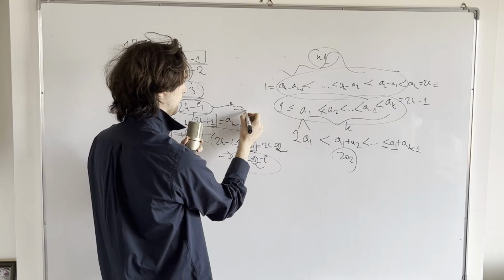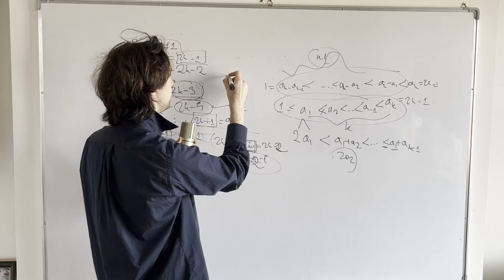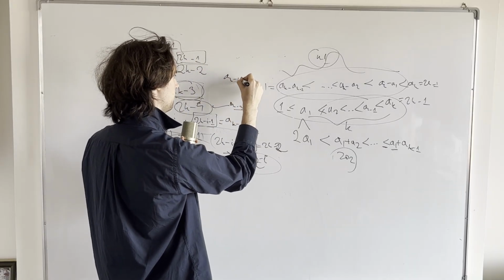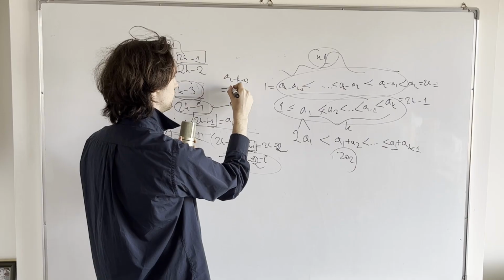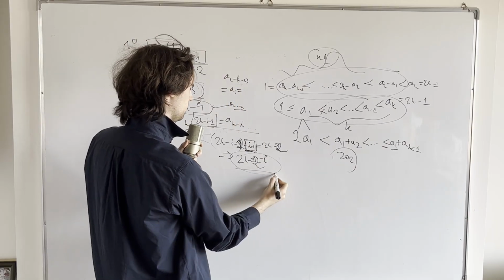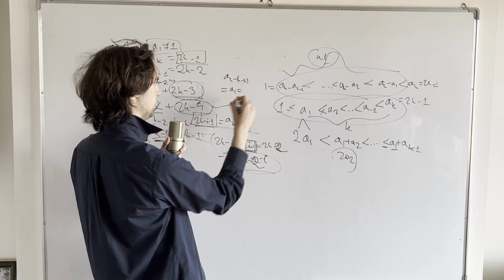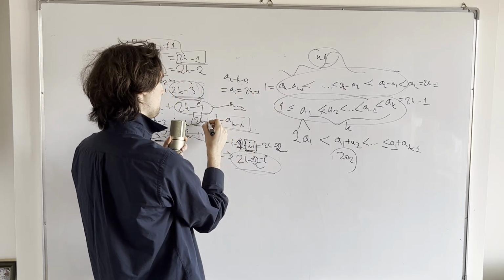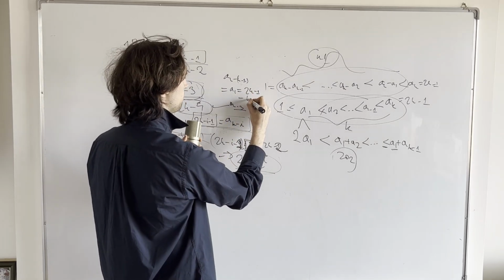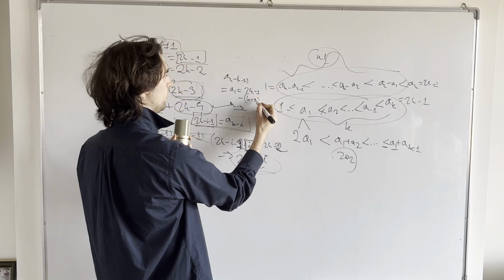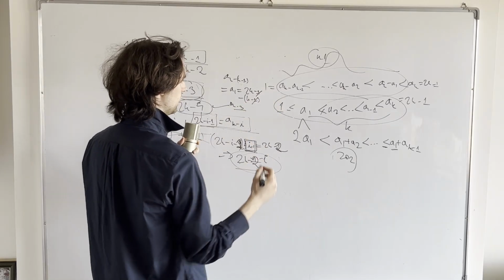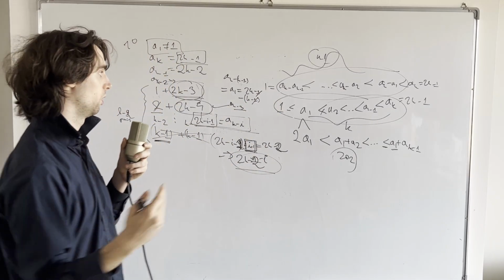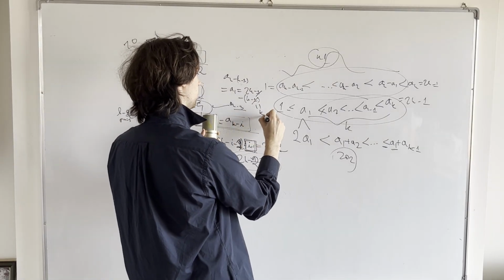We'd then have what? We'd have A_{k-(k-1)} to get A1 is going to equal, by this, 2k minus 1 minus (k minus 1), which, when these cancel out, the minus and 1 cancel out, we get A1 is equal to k.